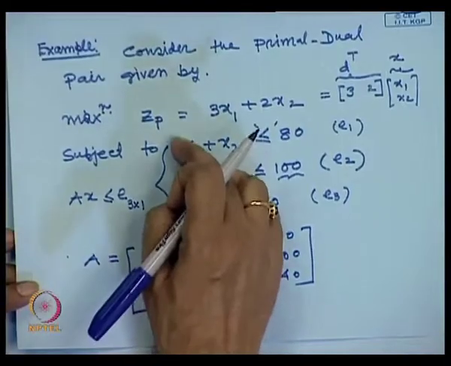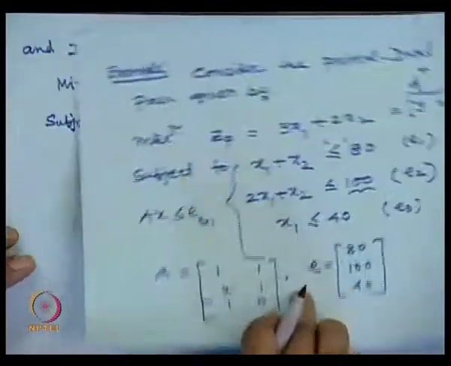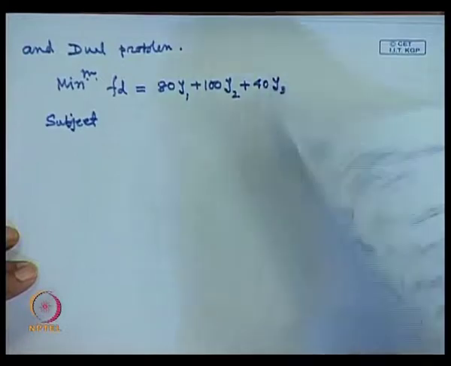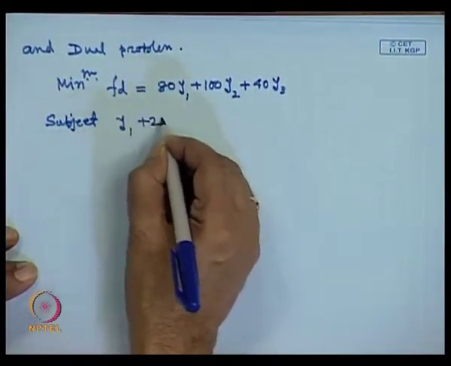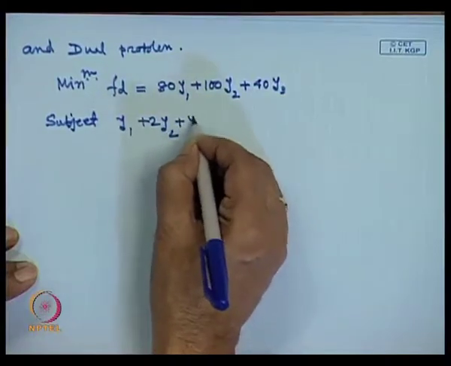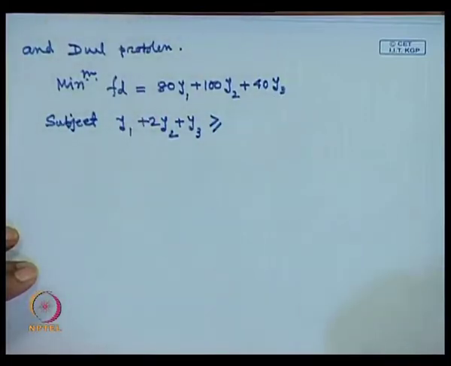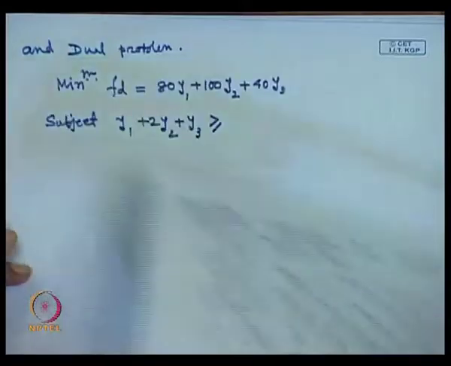So, the first column of this coefficient matrix is multiplied by y 1, y 2, y 3. So, it will be y 1 plus twice y 2 plus y 3 is greater than or equal to the first coefficient of the primal objective function, 3.